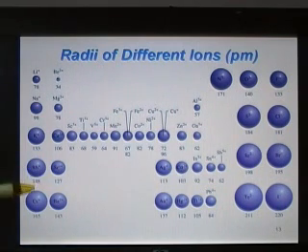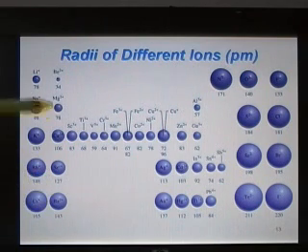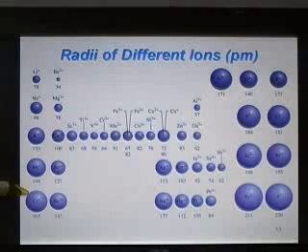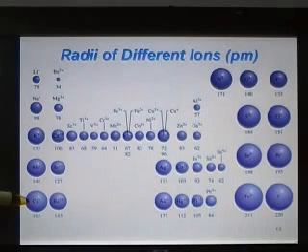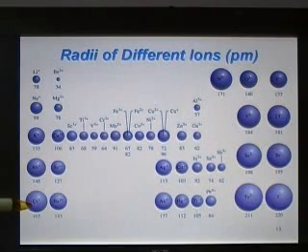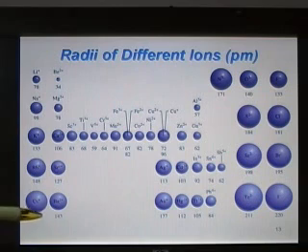But if you compare the alkaline earth metals to the alkali metals, the alkali metals are always bigger than the alkaline earths because of two factors. First, the alkali metals can only form +1 cations, whereas the alkaline earths can form 2+.